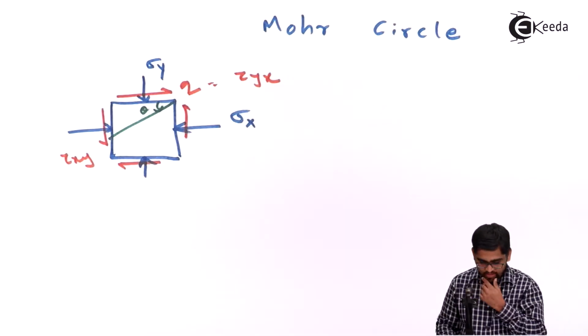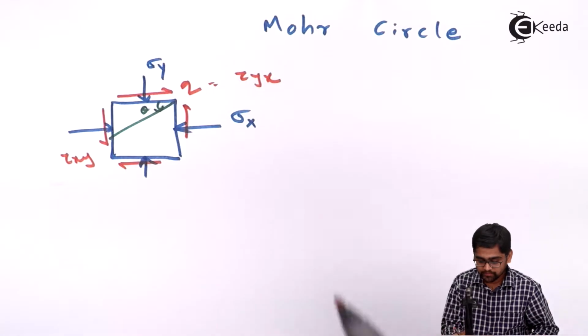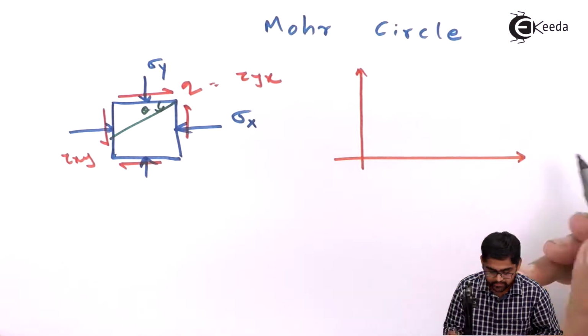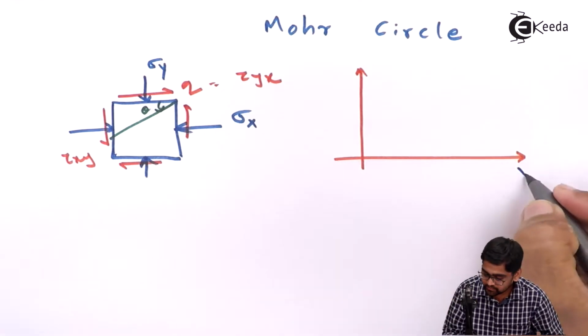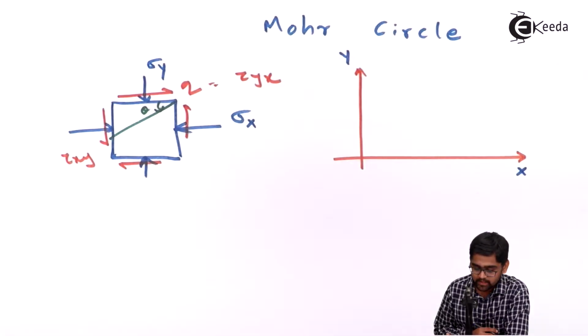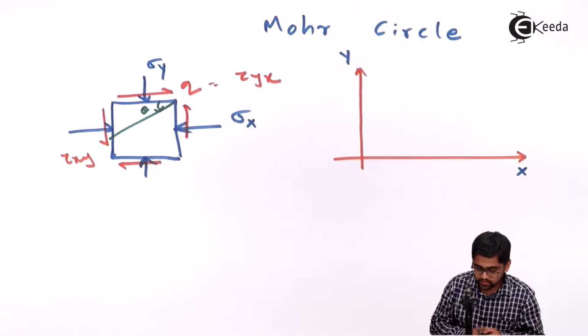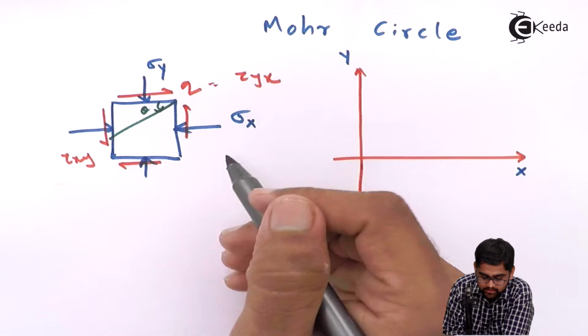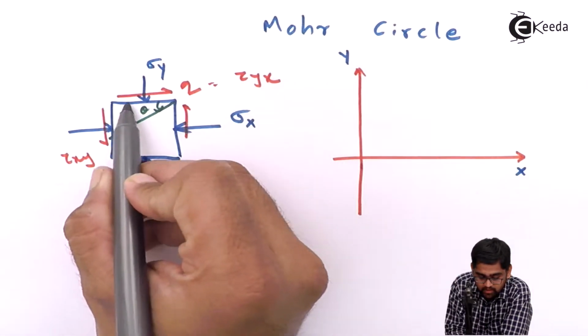So when we speak about the Mohr circle, we take the two axes like this, x and y, and on this axis we consider the 2 points of reference. So the first point is the plane at which your sigma y is acting.